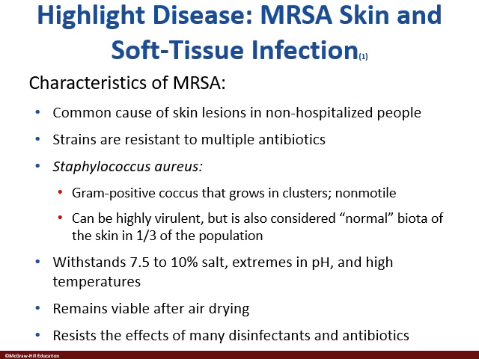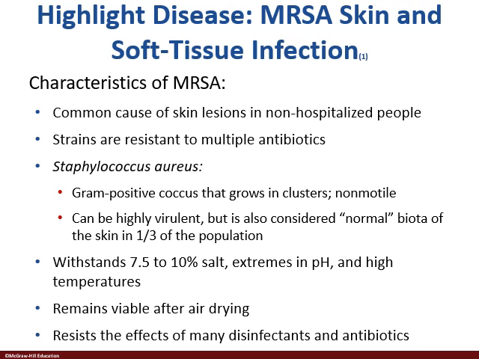MRSA is segueing into what is referred to as VRSA, vancomycin resistant. Since MRSA is resistant to pretty much all antibiotics, and our last great hope is vancomycin, we're finding strains, substrains, that are now becoming vancomycin resistant. So we're in a bit of a worry.